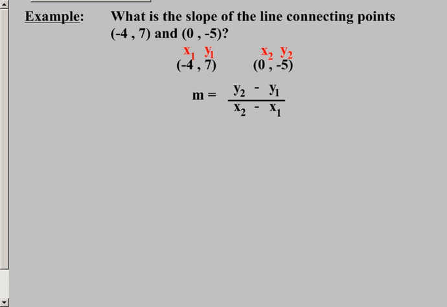Now all we have to do is plug in our information in the appropriate places. y2 is -5, y1 is 7, x2 is 0, and x1 is -4.